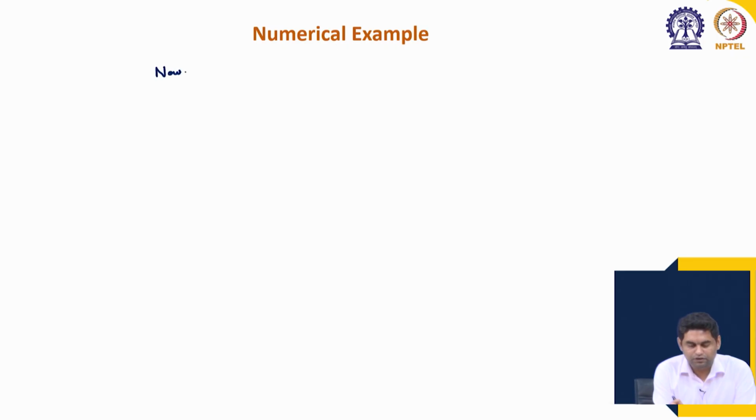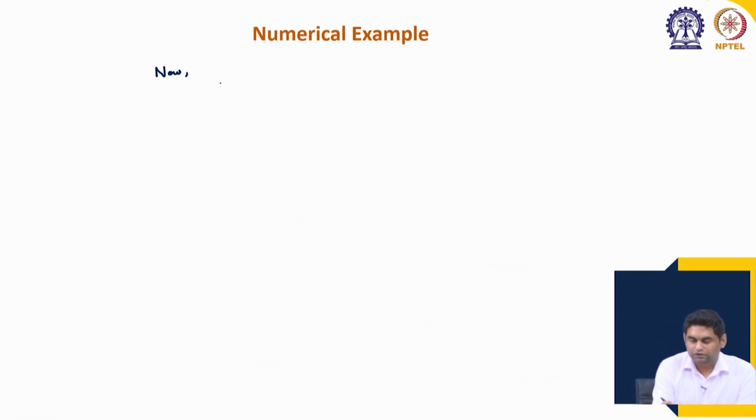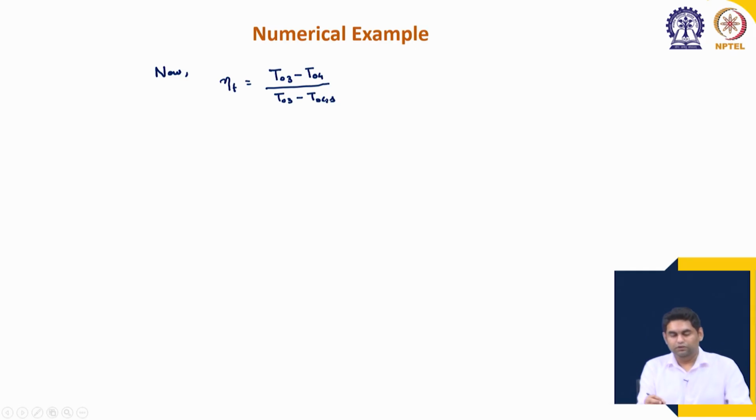It is defined as, in terms of these parameters, T03 minus T04 by T03 minus T04S. So, isentropic efficiency of turbine is T03 minus T04 by T03 minus T04S. T03 is known, this is the turbine inlet temperature, which is 1500.